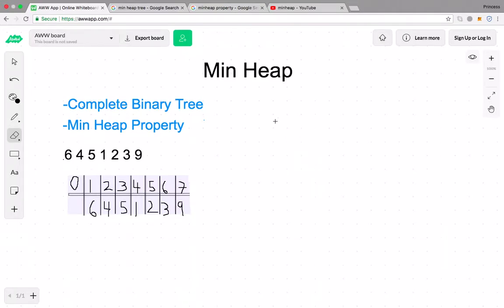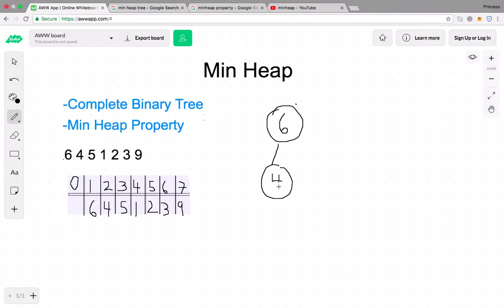So first, we're going to insert the first number, which is 6, into the min heap. Next, we start inserting the second value, which is 4.